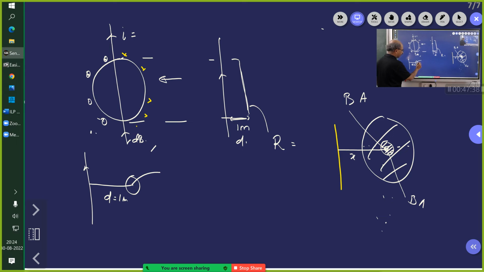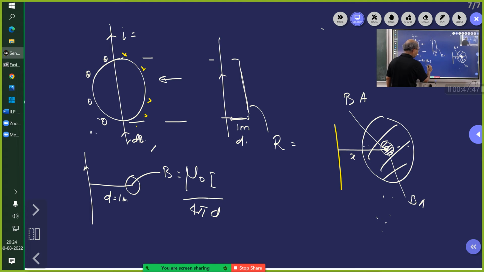I have to calculate the magnetic field at this point, B. So B at this point is mu naught I by 4 pi D, if this current is I. Am I right? 2 pi D, sir? Are you sure it is 2 pi D? Somebody is very confidently telling 2 pi D. I will go with it. So B is equal to so and so, correct?